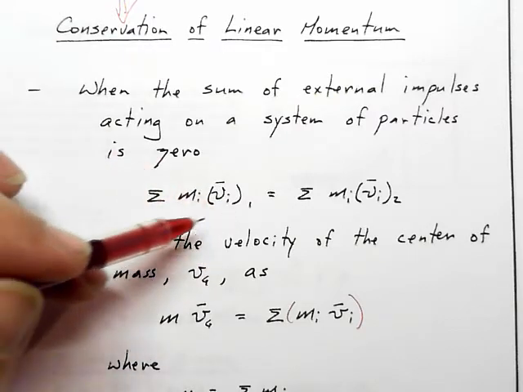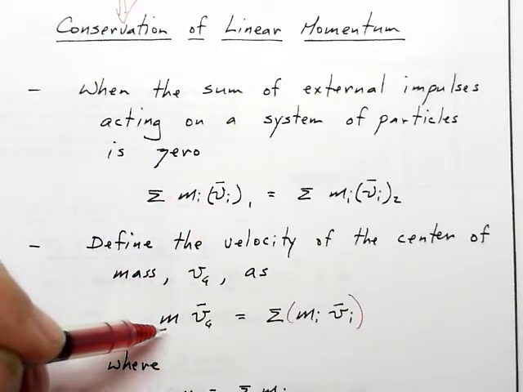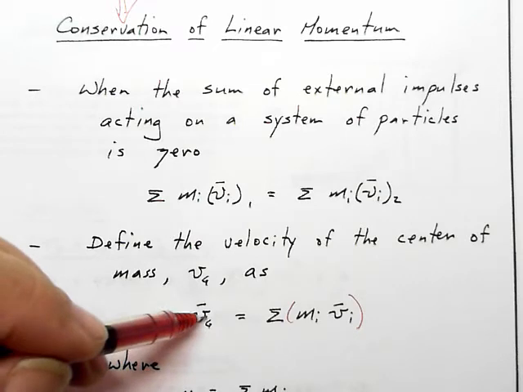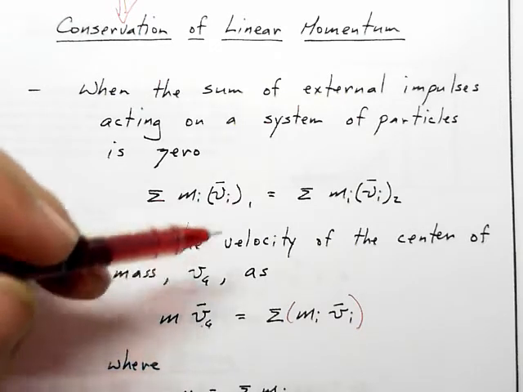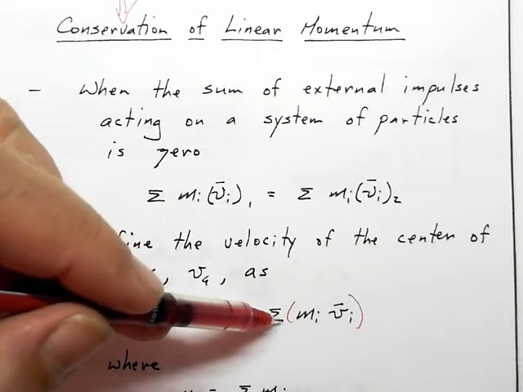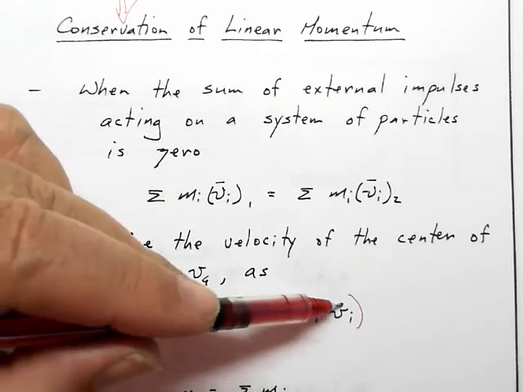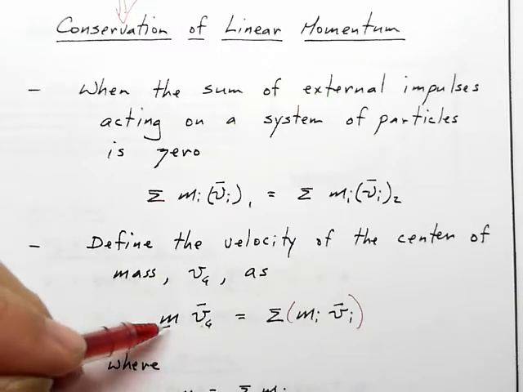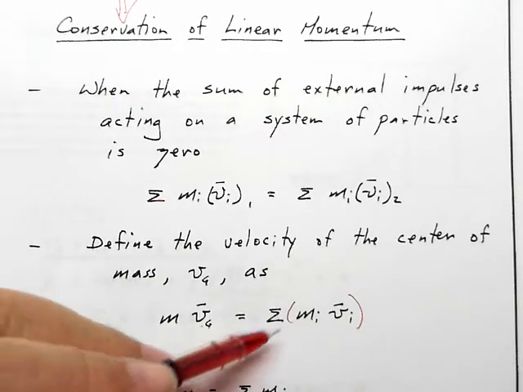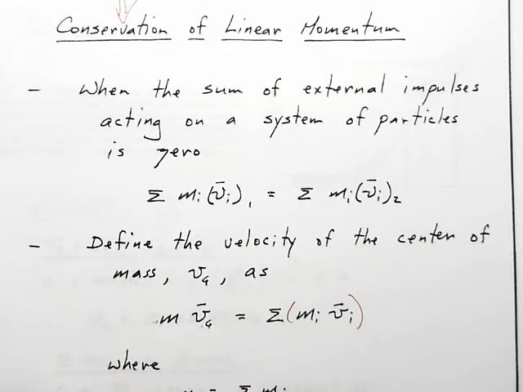So we could represent this as the mass times the average velocity of the particles at the center of gravity, but that's what comes from the sum of all the individual masses times the individual velocities of all the particles. And this mass term right here is simply the sum of all the individual masses.